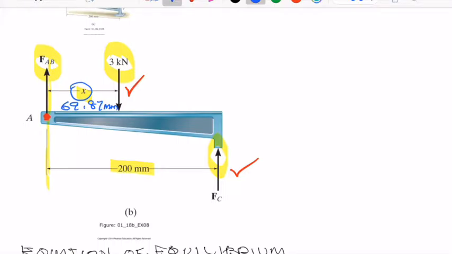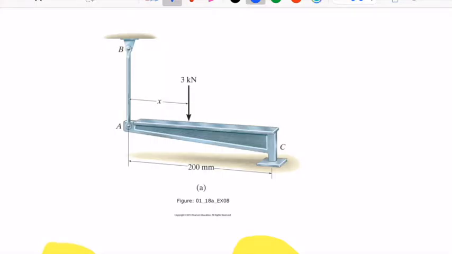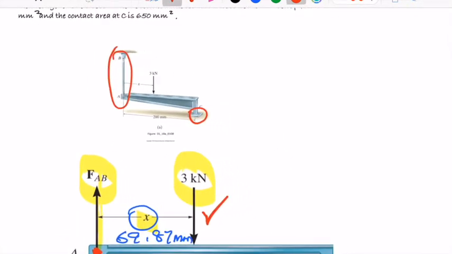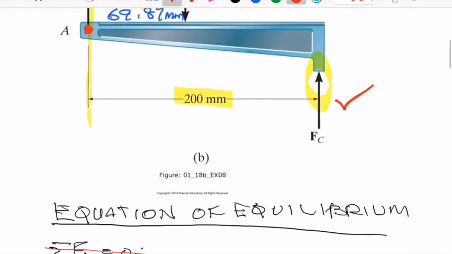Okay, so this is the distance for X in order for this system to be in equilibrium and to have an equal strength for this rod AB and also at point C. Okay, so that is the example for the problem that we have today.